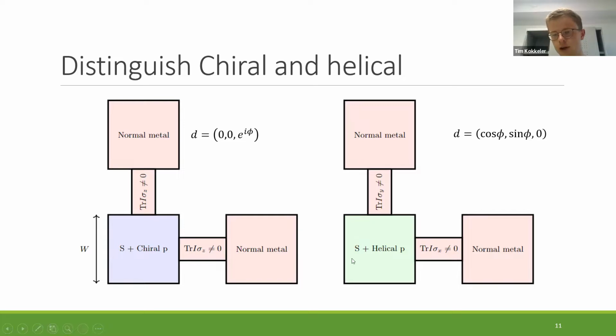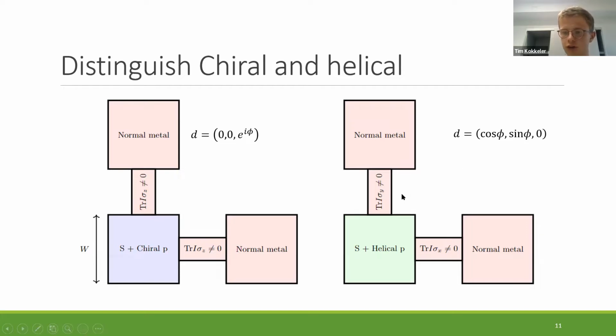On the other hand, if we look at the S plus helical P-wave case, we saw that if we look at the horizontal junction, the cosine doesn't average to zero, but the sine does. So we transform to a basis of x spins, which means that our current will now be different for spins polarized in the x direction.